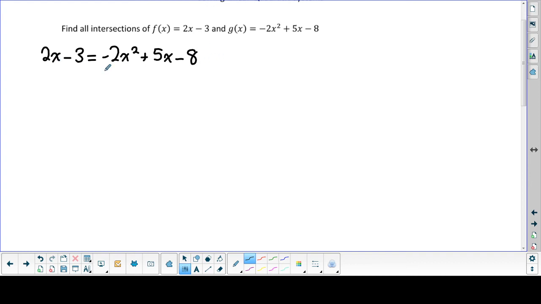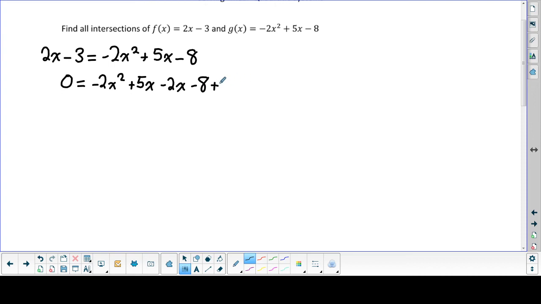Okay, so we're going to want to rearrange this. So we'll get 0, negative 2x squared. So we're going to have to subtract the 2x over. Minus 2x. And then we have our negative 8. And then we have to add the 3 over.